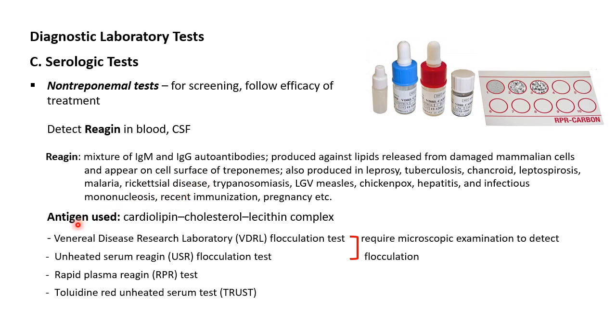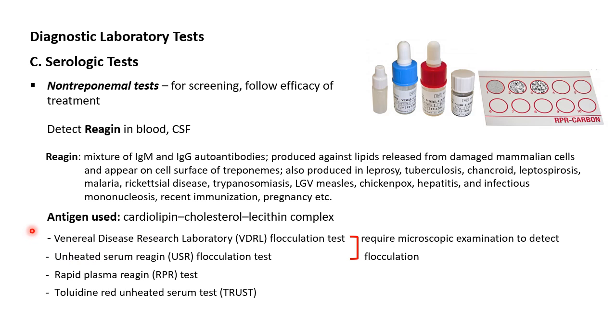The antigen used here is a complex of cardiolipin, cholesterol, and lecithin. Cardiolipin is beef heart extract, and this would be the one reacting with the reagin. Cholesterol and lecithin are added to increase the sensitivity of the test.